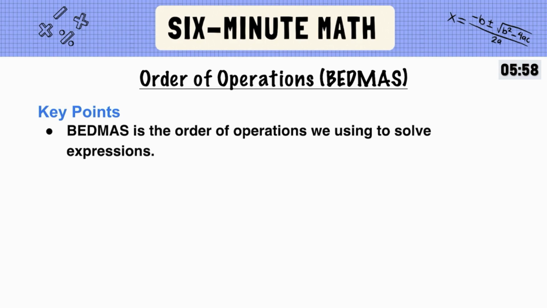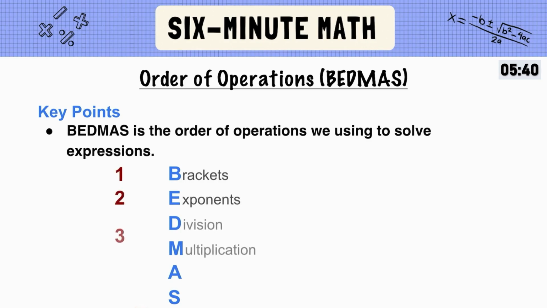Our key points for the order of operations is to remember this handy acronym BEDMAS. This is the order that we are going to solve our expressions in. So what does BEDMAS stand for? Well, firstly we have brackets, then we have exponents, followed by division and multiplication.